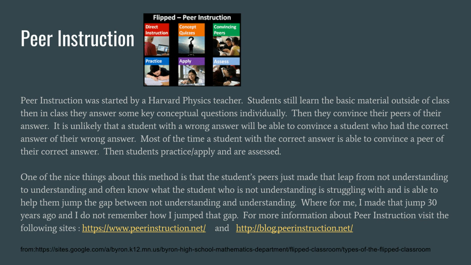And hearing it from a peer, maybe there's more buy-in, and they can see, oh, this is how my peer figured it out, so I can figure it out that way too. Or even since the peer teacher struggled with it at first and had a way to figure it out, they can teach that way to the peer student.